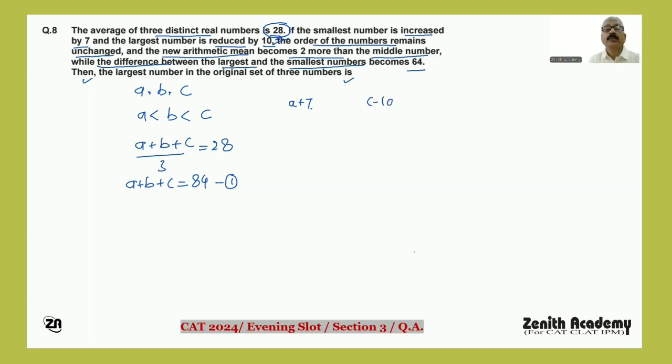The order of the numbers remains unchanged, means if the order of the numbers remains unchanged, so it would be like this. ये अभी का अभी वैसे ही है, ठीक है। Means C minus 10 is still the greatest one and A plus 7 is still the smallest one, right?